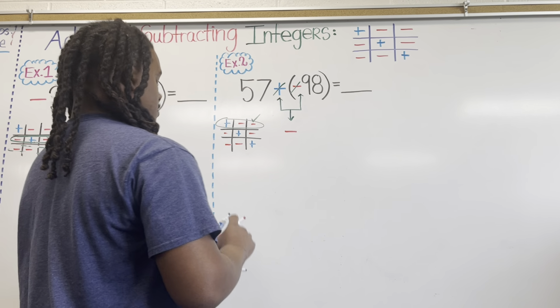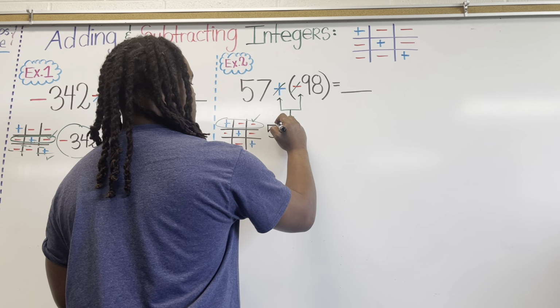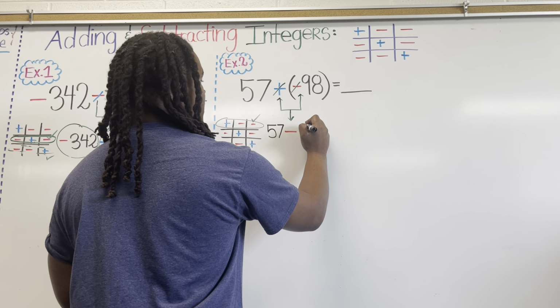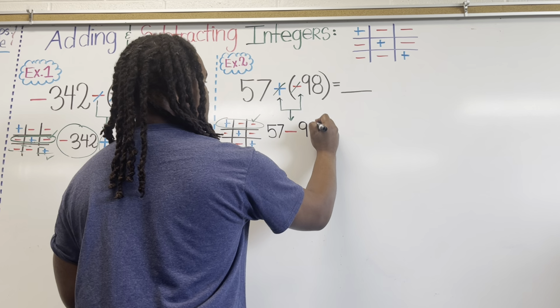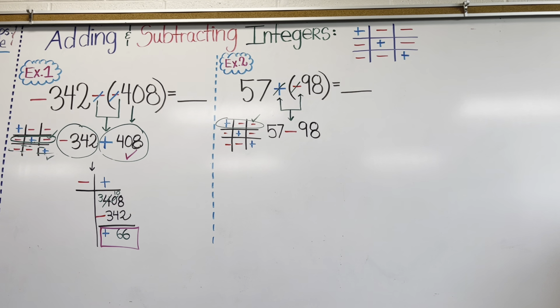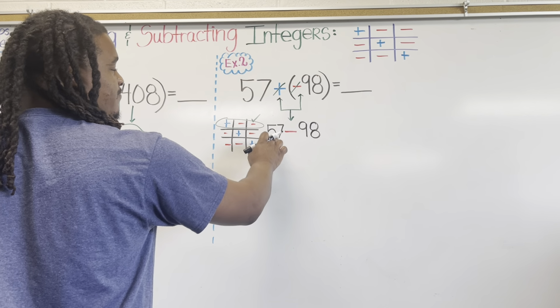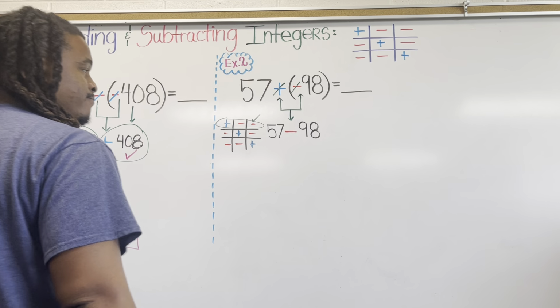So I'm just going to bring everything else down. I still have a 57, and I still have 98. So now I have 57 minus 98. Instead of saying 57 plus a negative 98, it's just like saying 57 minus 98.